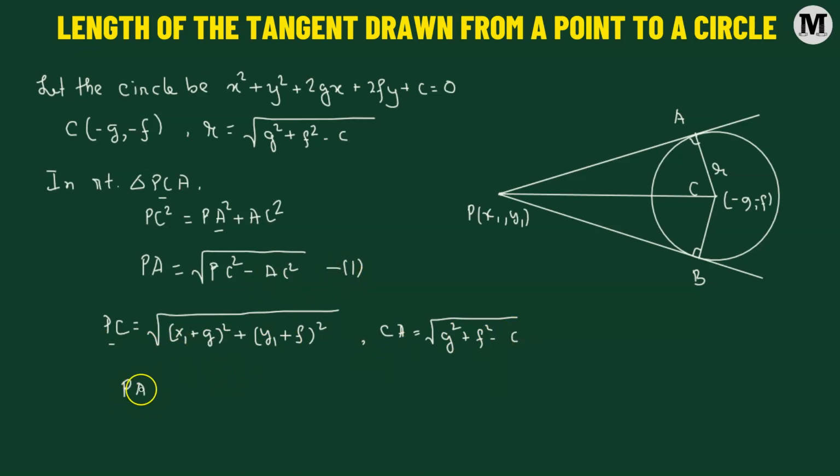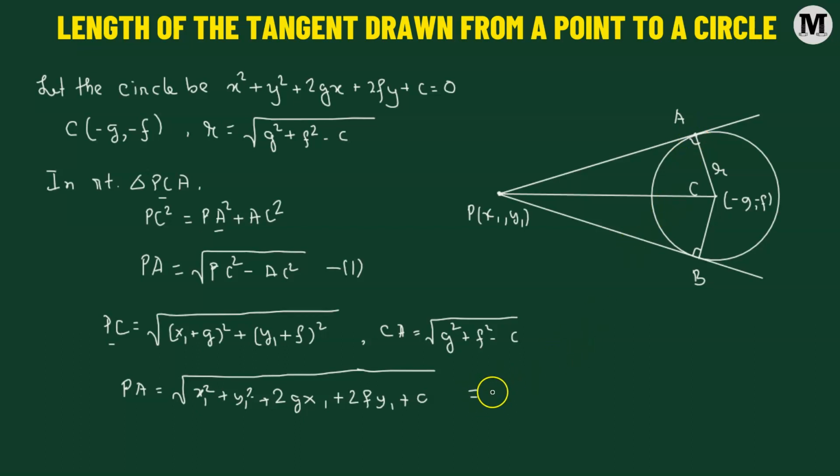So PA will be equal to, I'll leave the algebra for you, the square root of x1 squared plus y1 squared plus 2gx1 plus 2fy1 plus c. So this is going to be the length of the tangent drawn from an external point P, x1, y1, to the point of contact A.